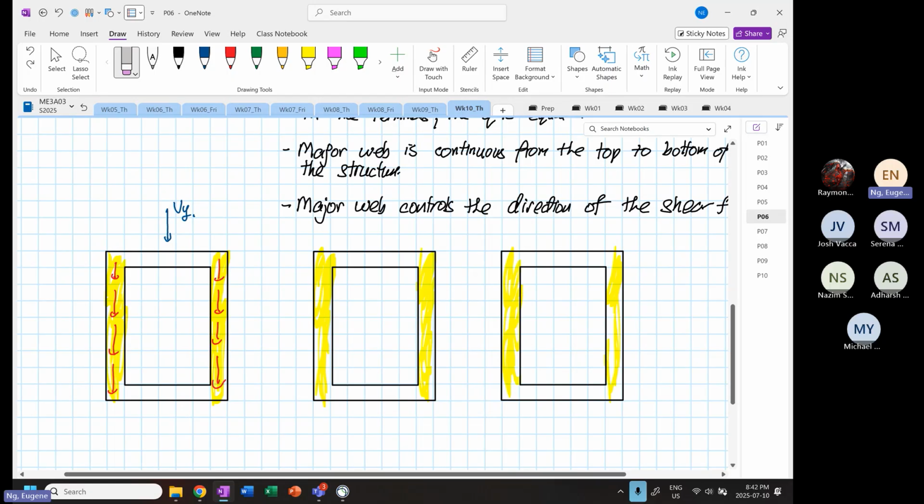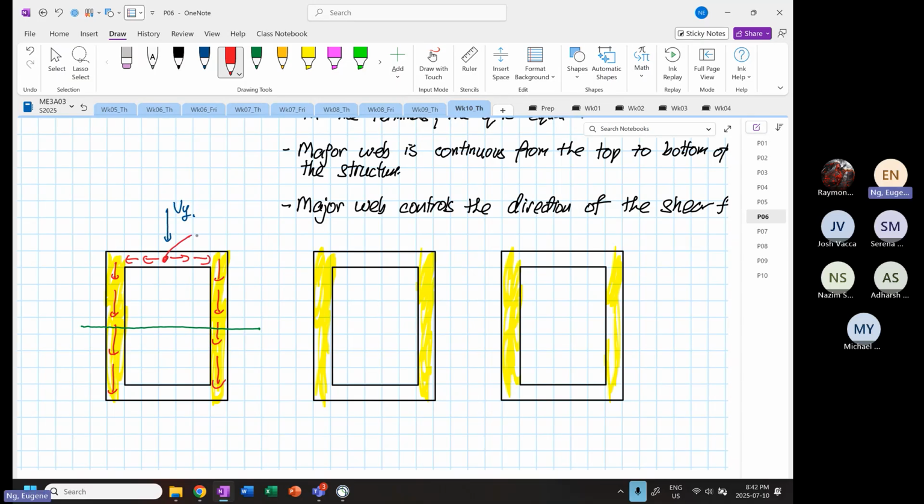Knowing that this is our centroid, the shear flow is like liquid flow. We can see on the extreme left column, it's coming down. So the shear flow will be in this direction.